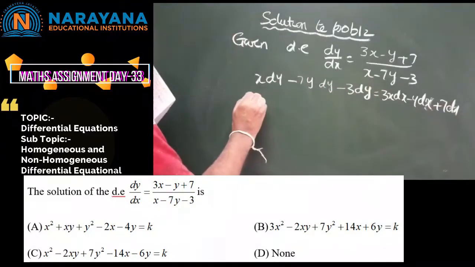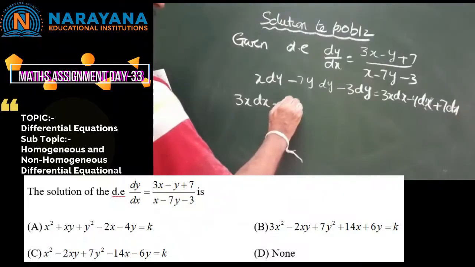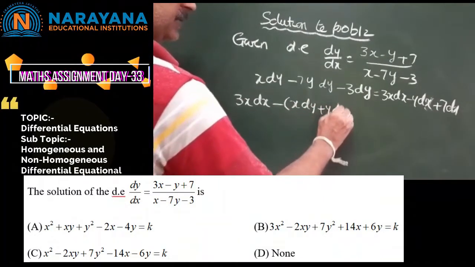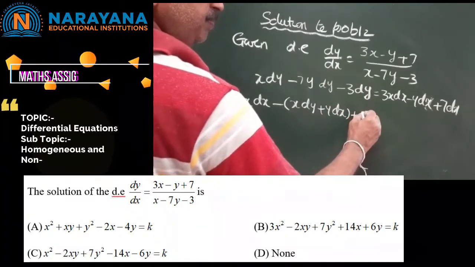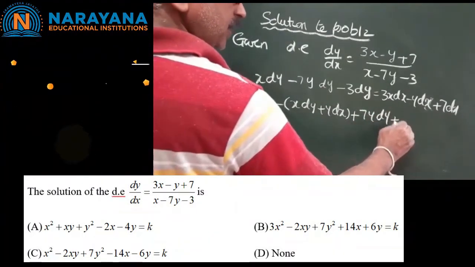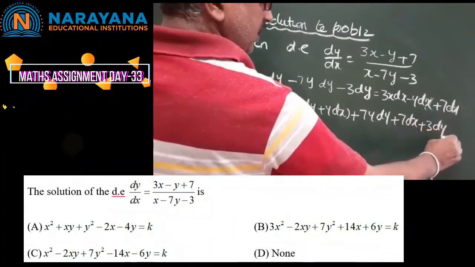Then get all the terms to one side: 3x dx − (x dy + y dx) − 7y dy + 7 dx + 3 dy equal to 0.